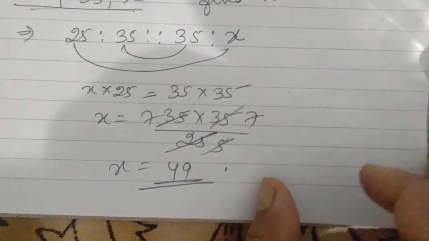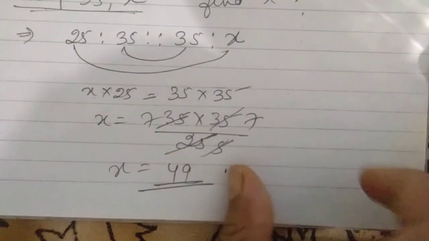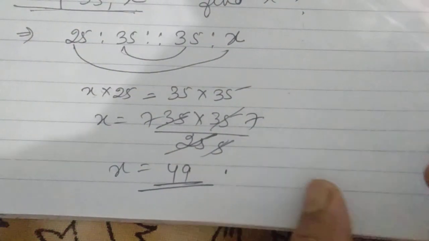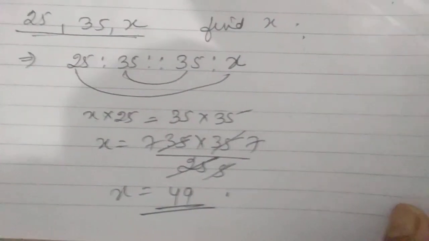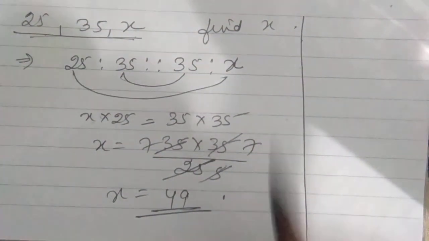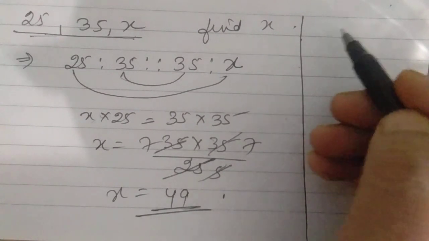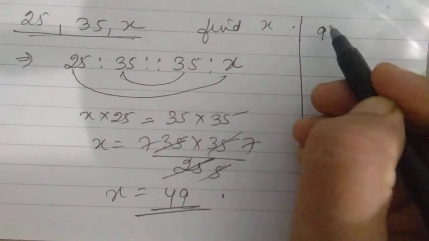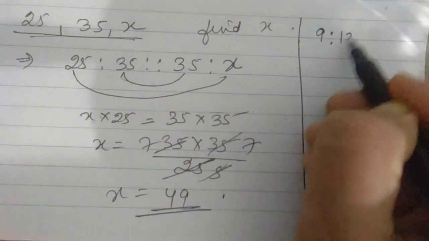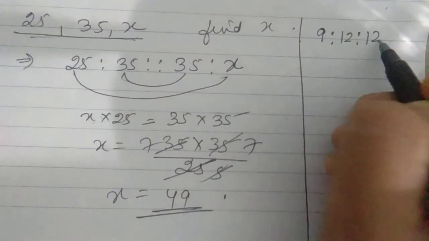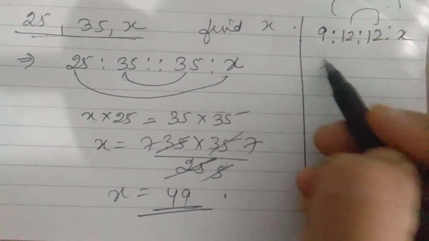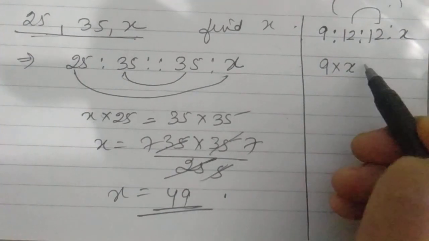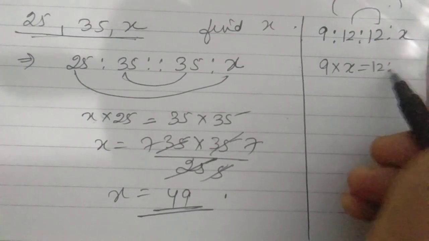There is one more question in this: find the third proportional to 9 and 12. So find the third proportional to 9 and 12. Here only I would like to do it. Let the third proportional be x. So 9 ratio 12 is to 12 ratio x. Again I will solve this. 9 into x is equal to 12 into 12.